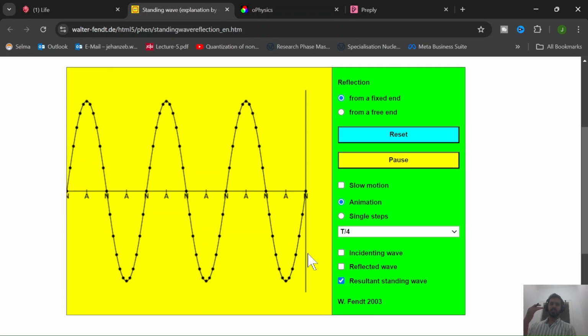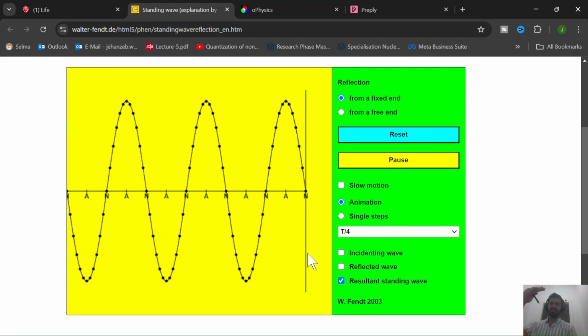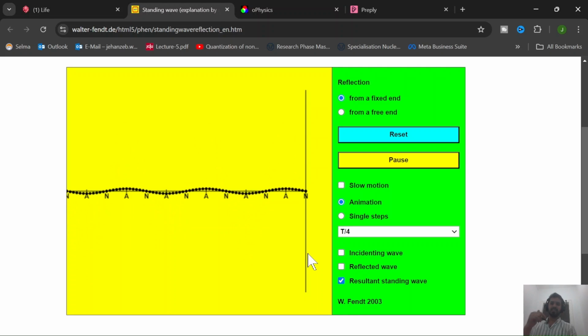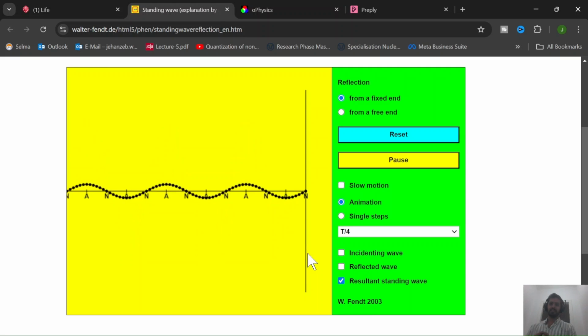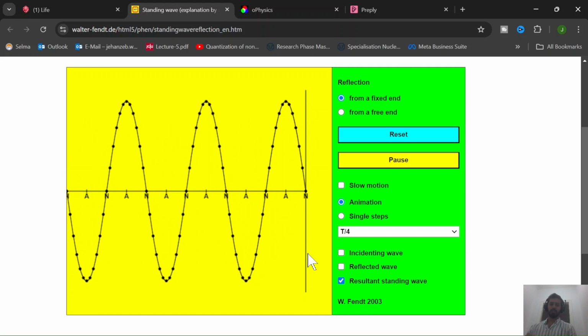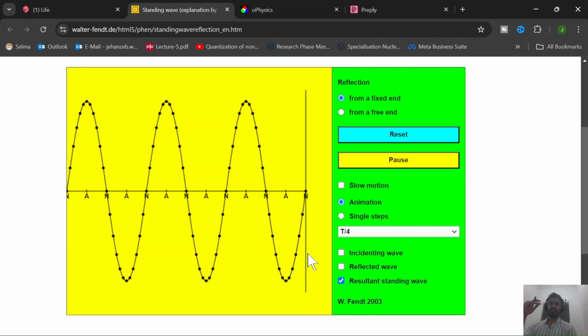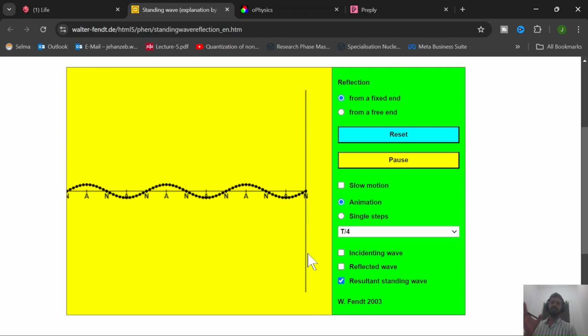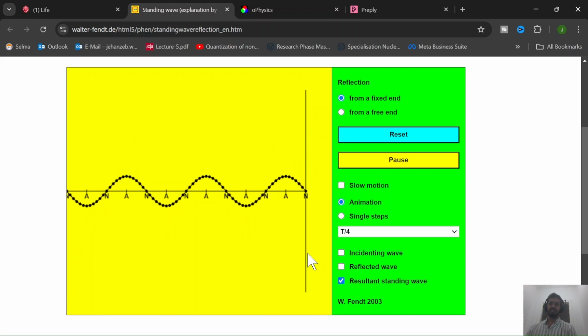You can just understand it like this. All the points above the x-axis are in phase to each other. Similarly, all the points below the x-axis are also in phase to each other. But the points that are above the x-axis and the points that are below the axis are in antiphase to each other. The reason is that they are moving in opposite directions.